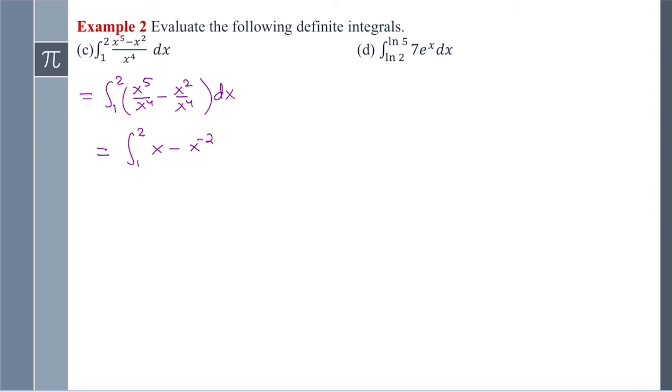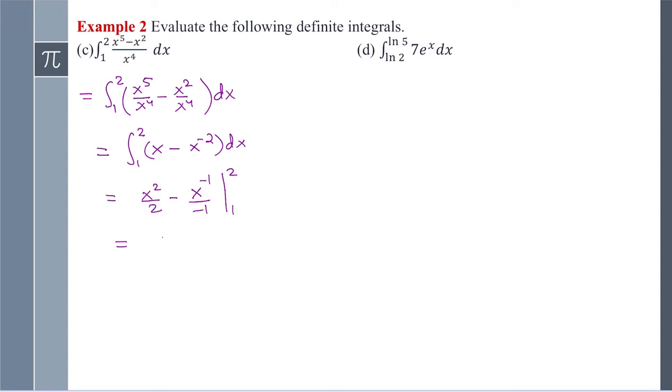Now we're going to find the antiderivative. The antiderivative of x is x squared over 2 minus the antiderivative of x to the negative 2, which is x to the negative 1, because we do negative 2 plus 1, and then negative 1 here in the bottom, and I go from 1 to 2.